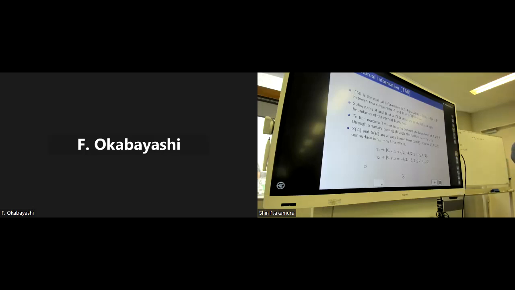Okay, so you have two regions A and B, and you ask how much these two subsystems are correlated with each other, how much entanglement they have. That means if you measure one subsystem, how much information you can access about the other.